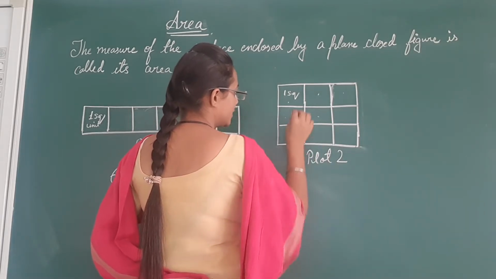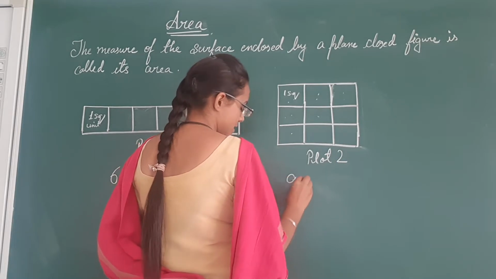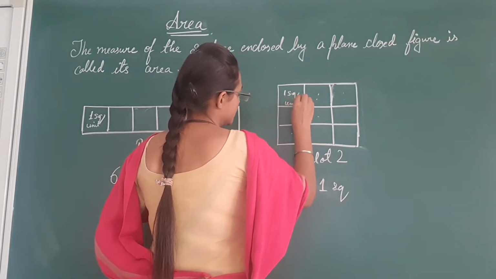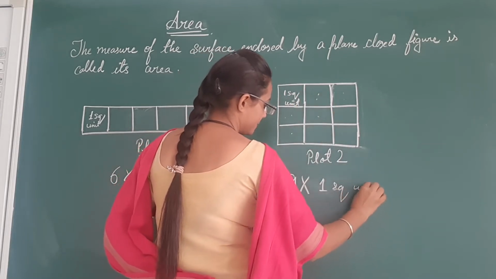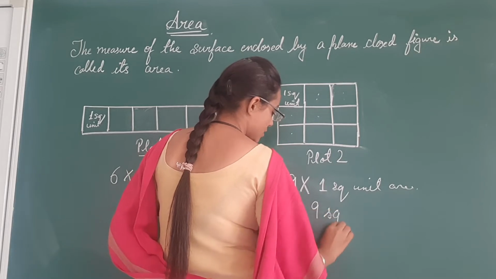So how many are there? 1, 2, 3, 4, 5, 6, 7, 8, 9. So here 9 tiles of 1 square unit are there. So that is 9 square unit area.